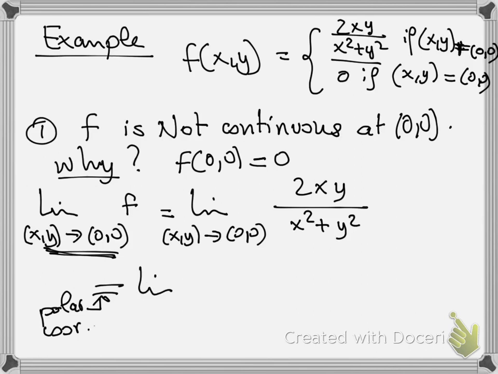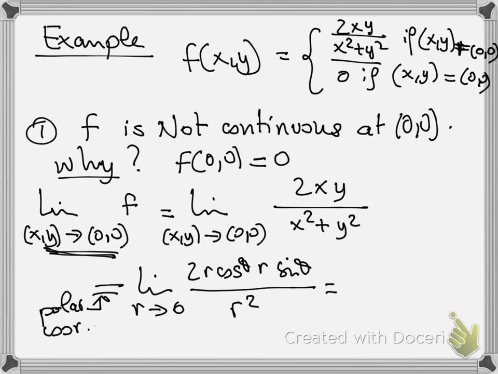So that's the limit as r goes to 0 of 2 r cosine theta r sine theta over r squared cosine squared theta plus r squared sine squared theta. You can factor out r squared, so r squared times 1, and the r squared cancels out.